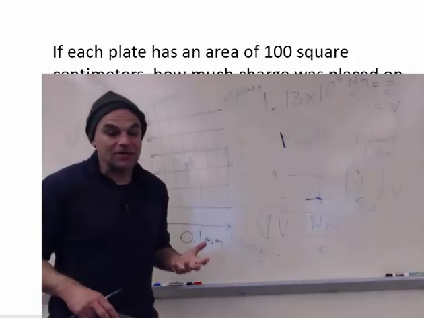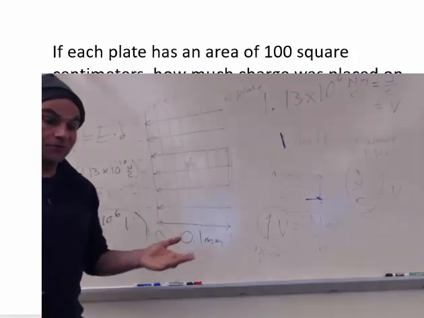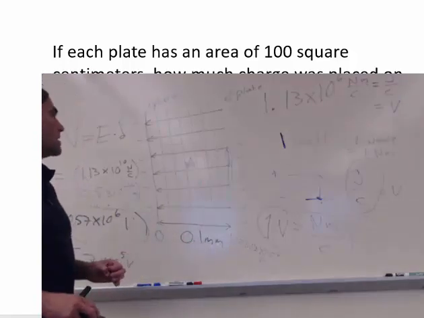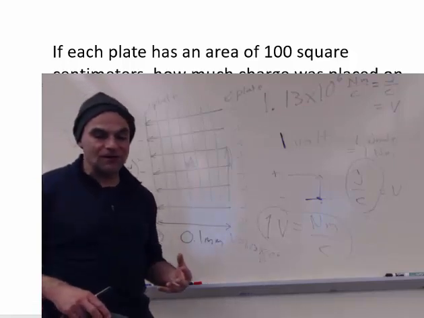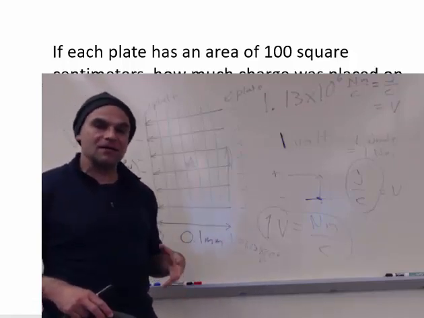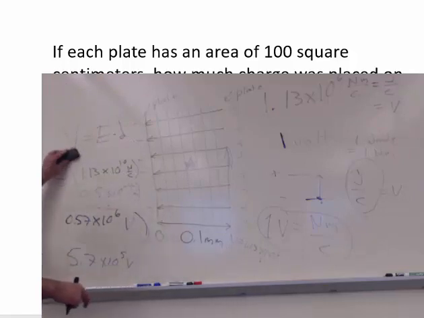We already calculated the charge density on each plate, or we were given that earlier. It was 0.1 coulombs per meter squared. So how many coulombs is going to be on the plate that has 100 square centimeters? So I'm going to erase all this stuff here.